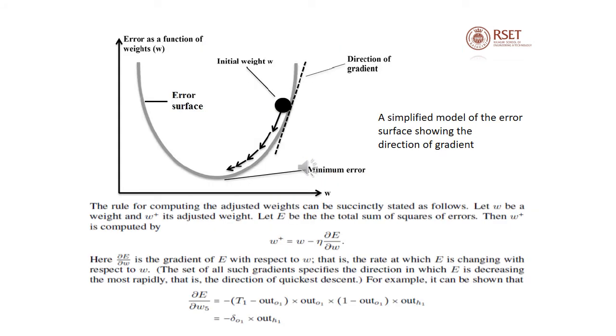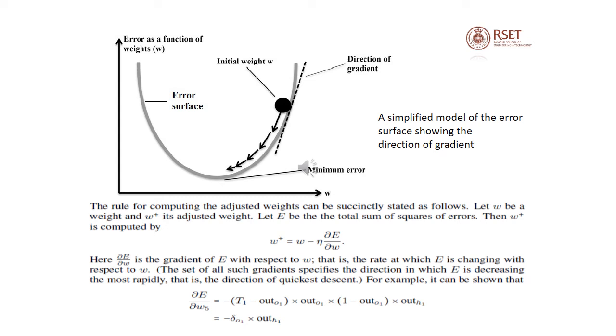In this figure, you can see a simplified model of the error surface showing the direction of the gradient, and the initial weight. Here the error is treated as a function of the weight, and the whole surface is indicated as the error surface.